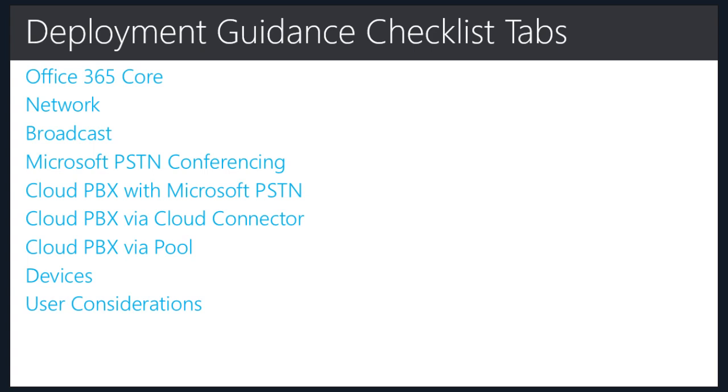Cloud PBX via Pool tab for tasks related to Cloud PBX with on-premises PSTN connectivity using existing deployment or hybrid. Devices tab for tasks related to devices and peripherals planning and deployment to support Cloud PBX implementation. User Considerations tab for tasks related to end-user enablement planning and configuration.